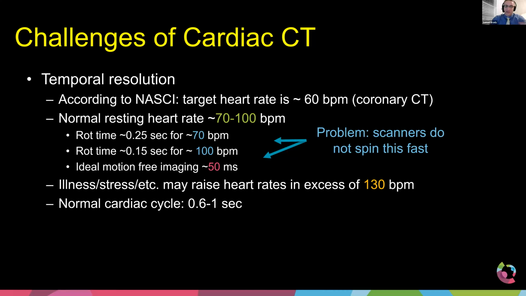So let's talk a little bit about the other aspects going on. We know there's the cardiac cycle, and that takes somewhere around 0.6, about half a second to a second, to go all the way from systolic to diastolic in the heartbeat. Obviously, every human has irregularities. We don't have perfect heartbeats.